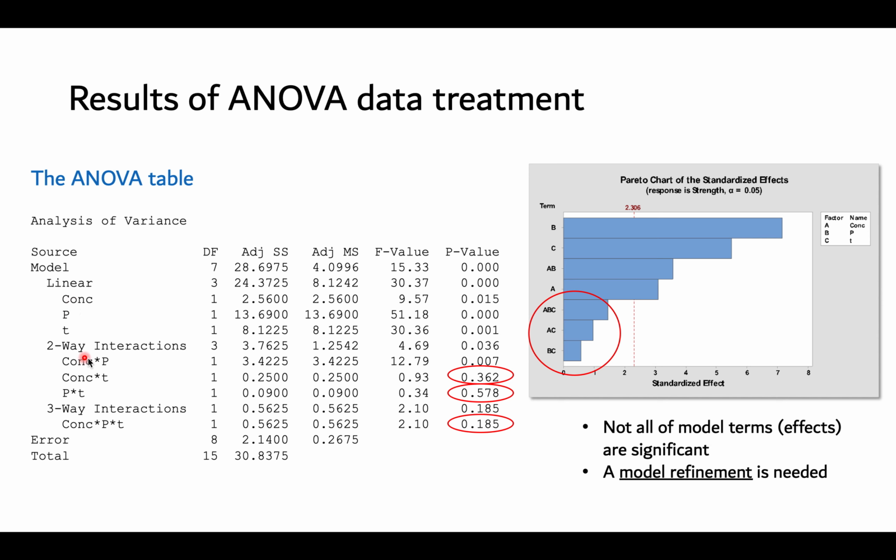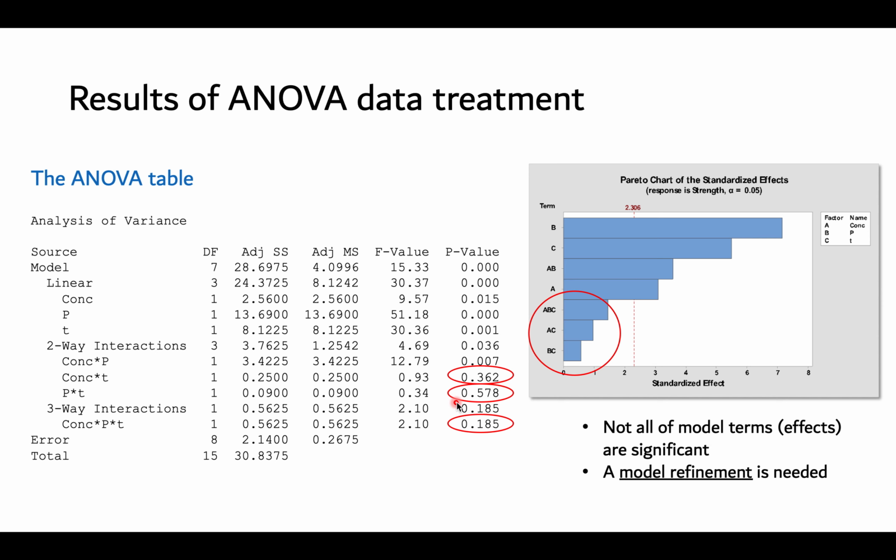Also, we have two-way interaction between concentration and pressure, concentration and time, and also pressure and time. And we also have three-way interaction between concentration, pressure, and time. Here we can also see the p-value of each effect.